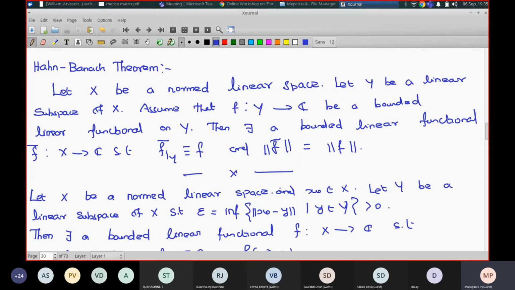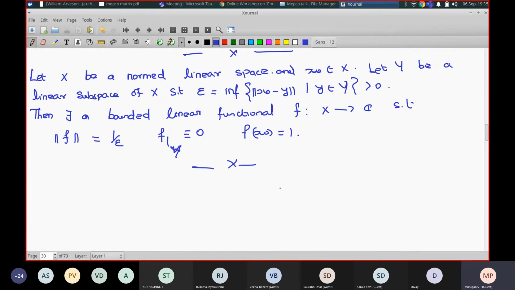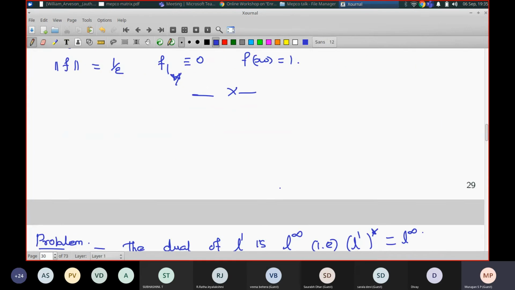Yeah. Why is the dual of a normed linear space non-empty? Anybody know the reason? Why is the dual of X non-empty? I mean, X star is non-empty for any normed linear space.